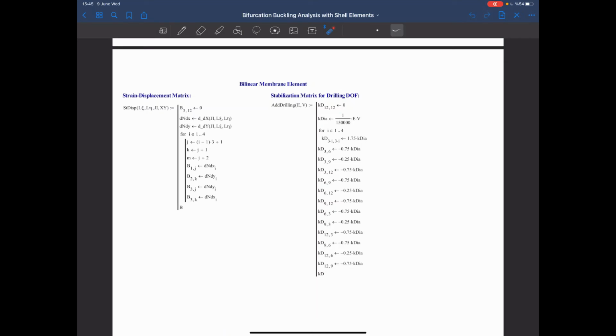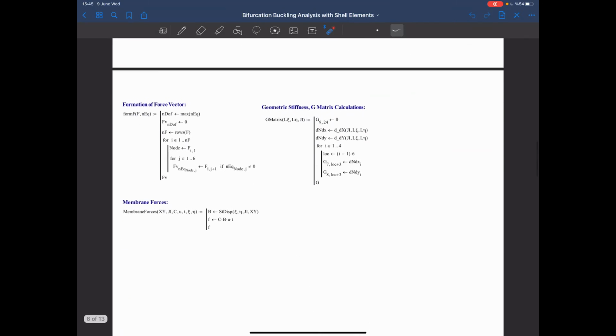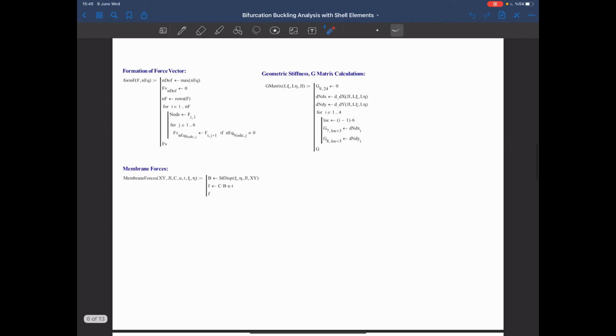Do I have to do it for the bifurcation buckling? No, but I just want to write a code that is general for all types of shell elements. And then we have the routines for obtaining the element stiffness matrix. This is for the membrane bending element. So we start with an 8x8 and then add the drilling degrees of freedom to it. Now we have the force vector.